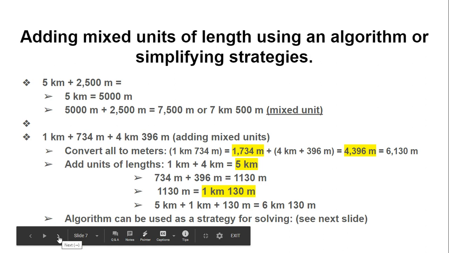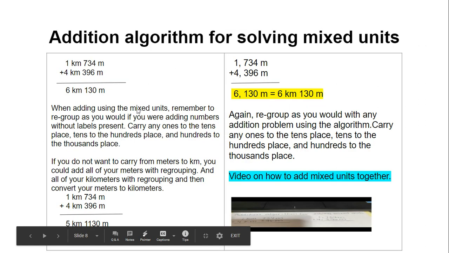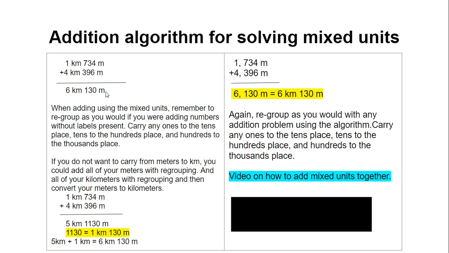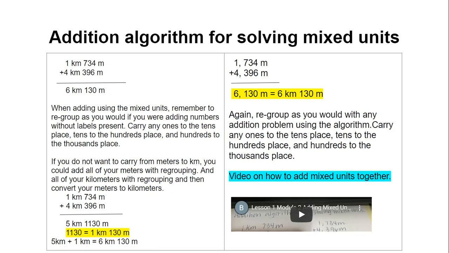I can also use an algorithm. So when using an algorithm, you're going to add these numbers like we add any 3-digit, 4-digit, 1-digit, 2-digit number. Add place value first. So add your ones together, regroup over, add your tens together, regroup over to your hundreds, add your hundreds together, regroup over to your thousands.